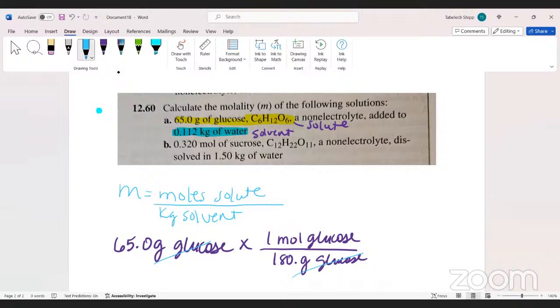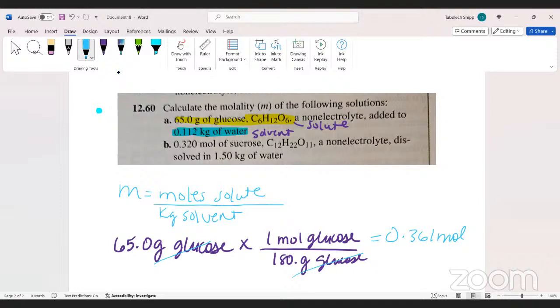We're talking about molality, Shohag, molality. Molarity deals with moles per liter, but molality deals with moles per kilogram. Yes, moles per kilogram. So you're going to take the 65.0 divided by 180, and you get 0.361 moles.